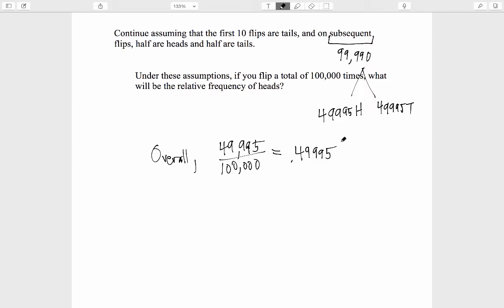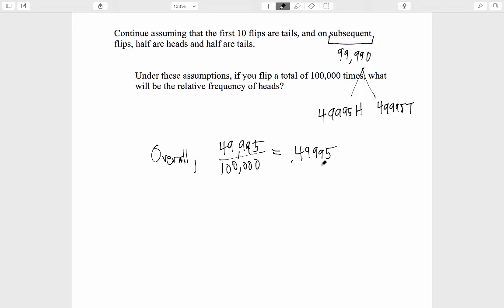Why is that important? Well, as you keep flipping, assuming that the coin is really fair, the effect of that initial run of 10 tails gradually disappears. Right? In order for this gradual disappearance of the effect of those initial 10 tails to occur, it does not require extra heads to compensate.